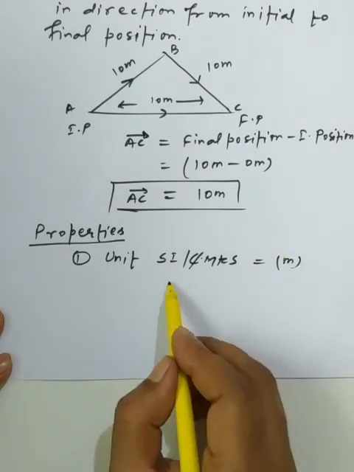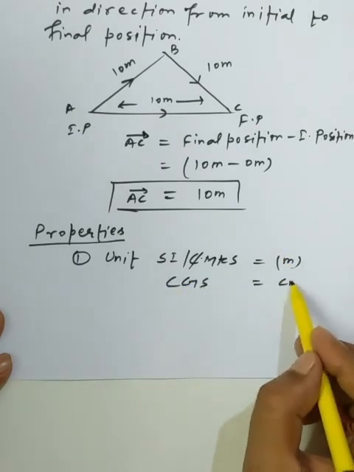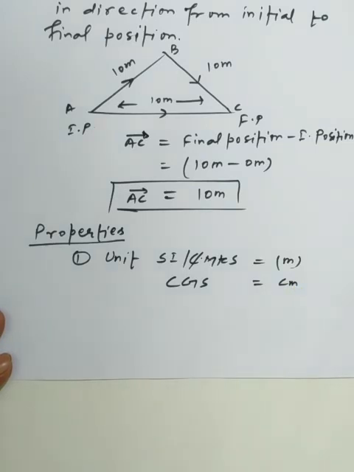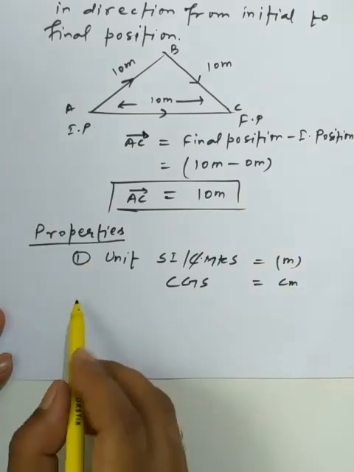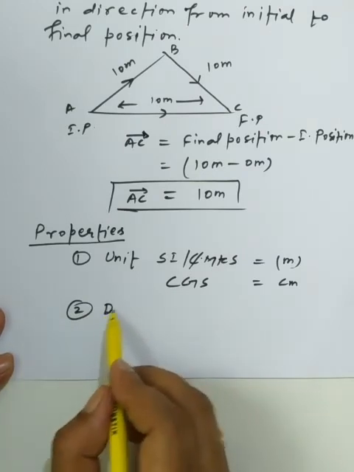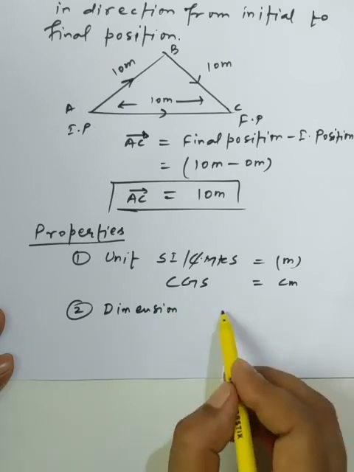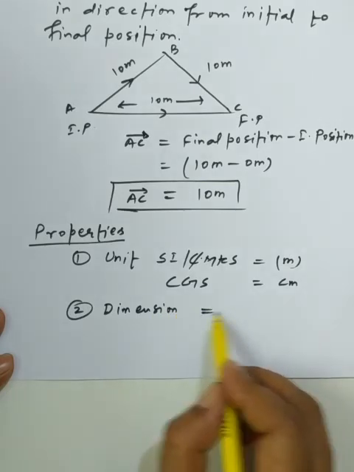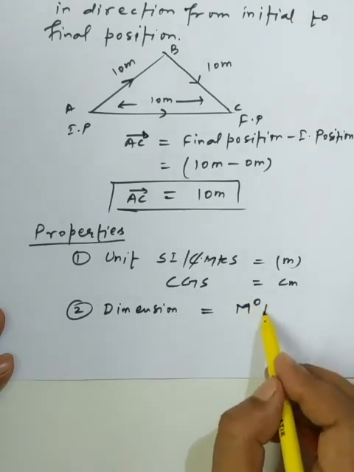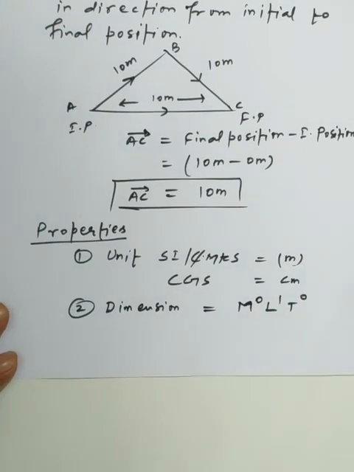And in the CGS system we are using the concept of the centimeter. So distance and displacement, generally these both are lengths. Now the second one is the dimension. We can write the dimension as M naught, L1 and T naught. Okay, so this is the basic concept of the dimension.